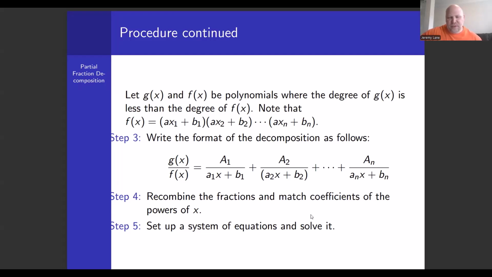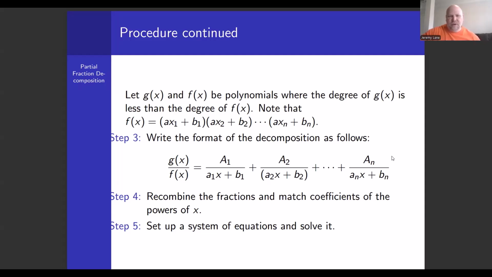Now, when it comes to distinct linear factors, there are several techniques that are usually employed, such as cover-up methods, substitution methods, and even some methods from calculus that help to determine what these coefficients A1, A2, all the way up to AN are. But we are going to use systems of equations here in these demonstrations because we don't have to worry about learning new techniques. The system of equations technique is going to cover all of our cases.